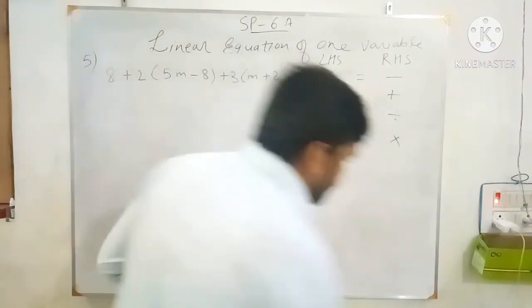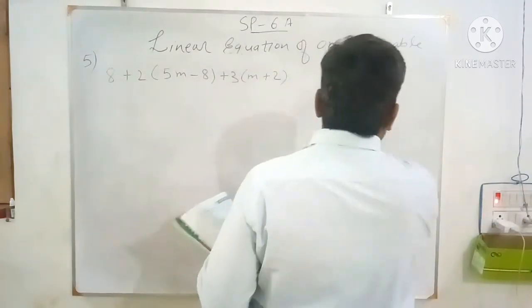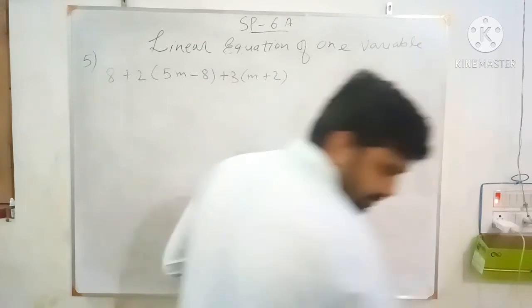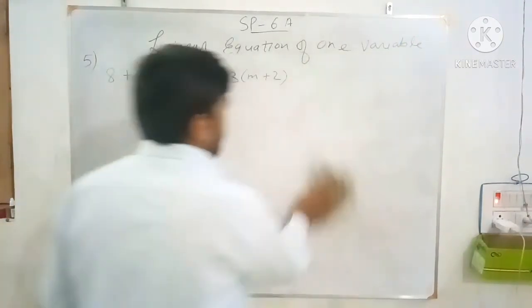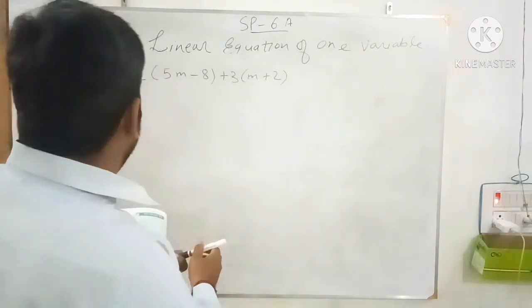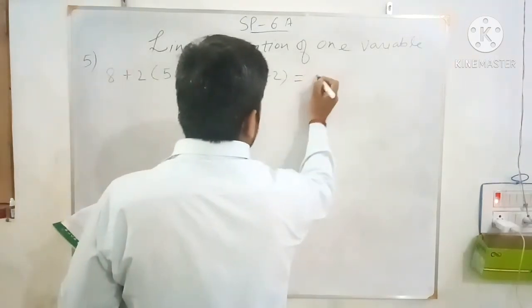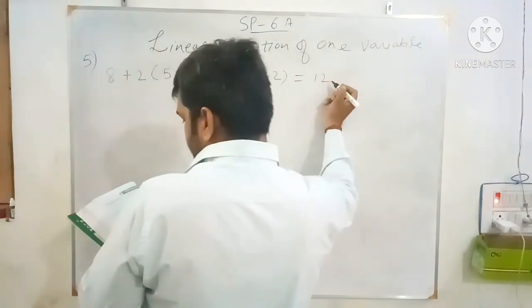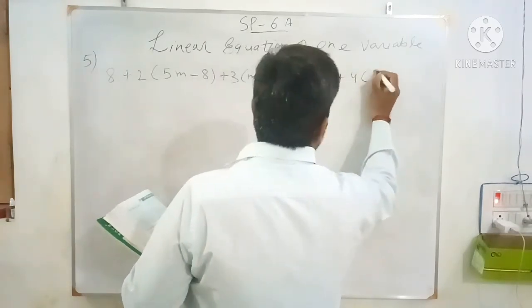Let me read this also. So 8 plus 2 multiply 5m minus 8 plus 3 multiply m plus 2 equals to 12 plus 4 multiplied 2m minus 1.